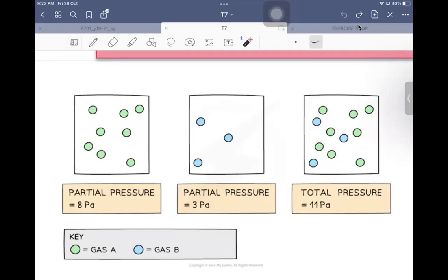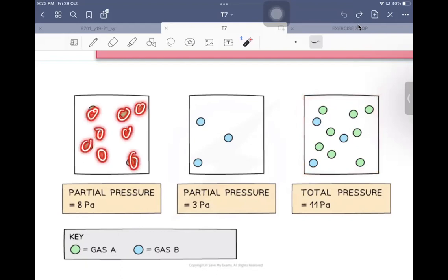And so 3 of them out of the total pressure is the partial pressure of gas B, whereas the 8 Pascal represents the partial pressure of gas A.